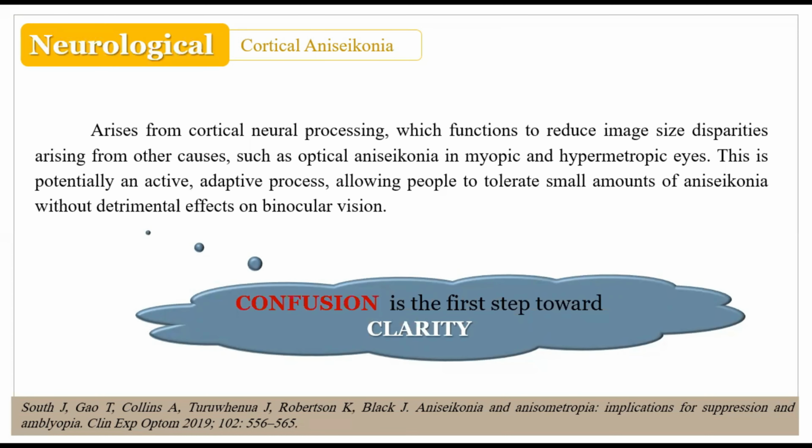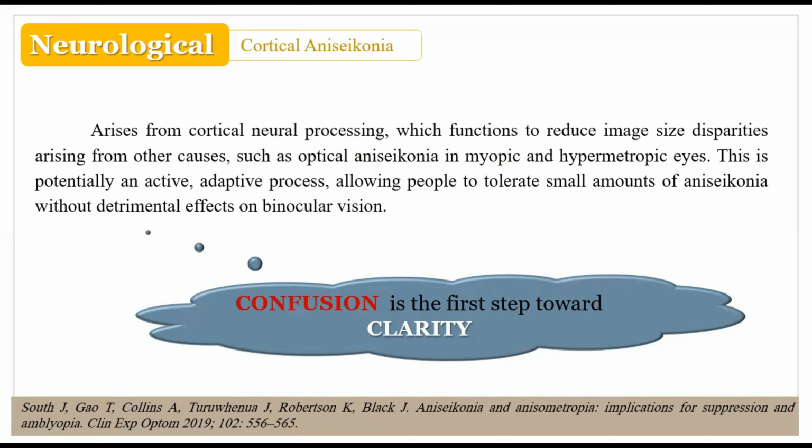So I wrote here, confusion is the first step toward clarity, because please don't confuse physiological aniseikonia, which is done by the visual cortex to produce stereopsis, with neurological aniseikonia, which is an adaptive mechanism to allow people to tolerate small amounts of aniseikonia.